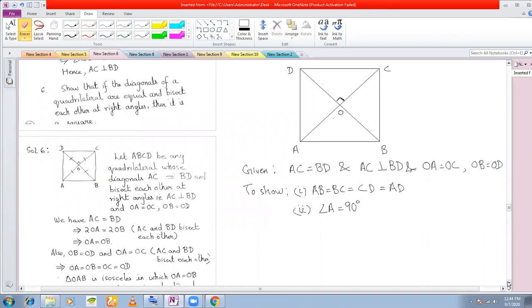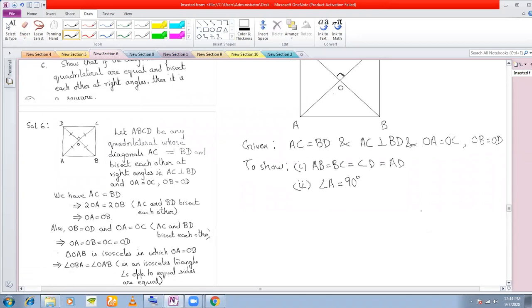First of all, I will start with the information that is given, that AC is equal to BD. This information is given to us.